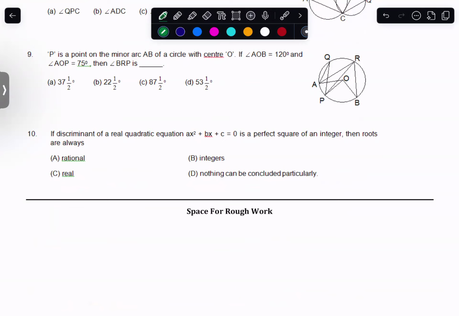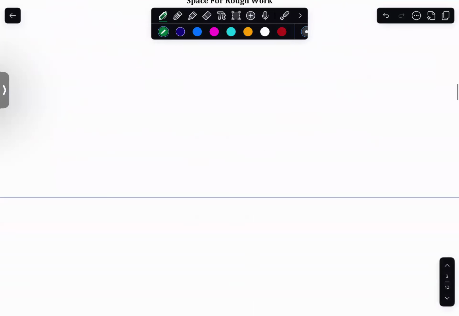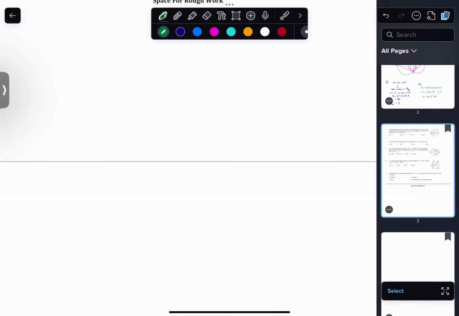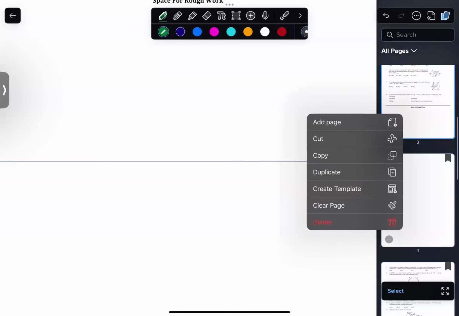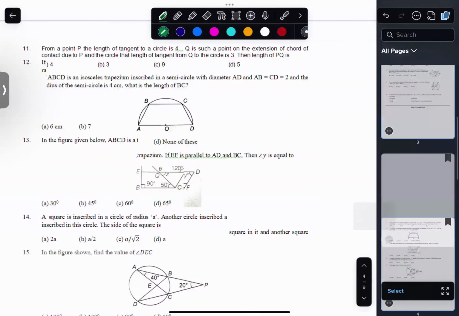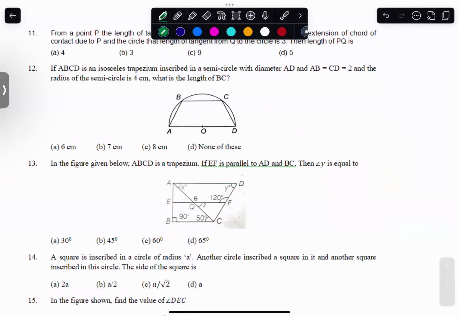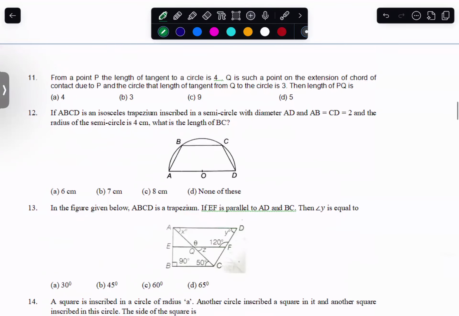Any concern in 9 or 10? No, sir. Okay. So I'm skipping this one. Okay. 11, 12, 13. Any concern?